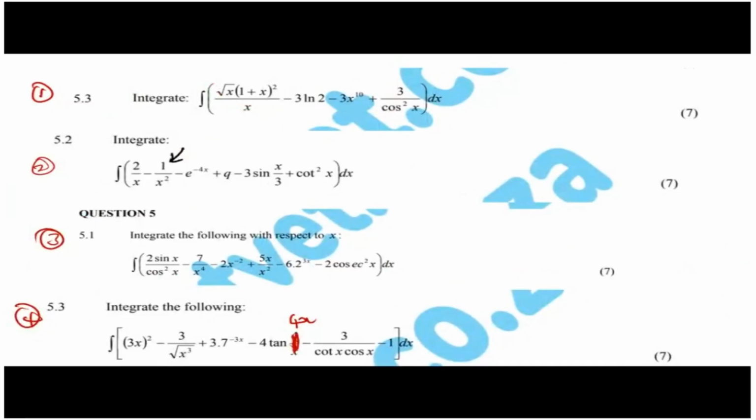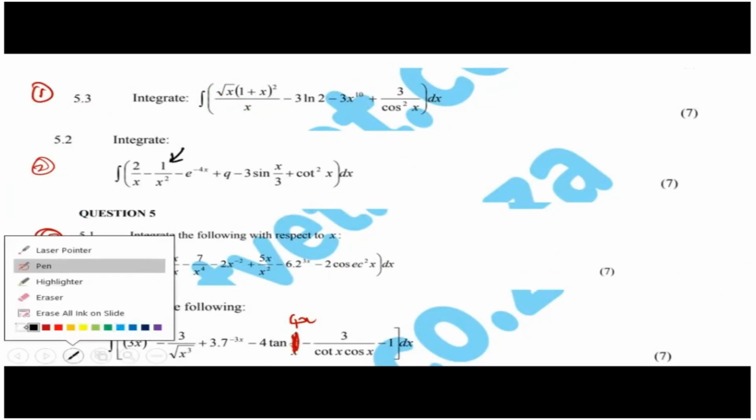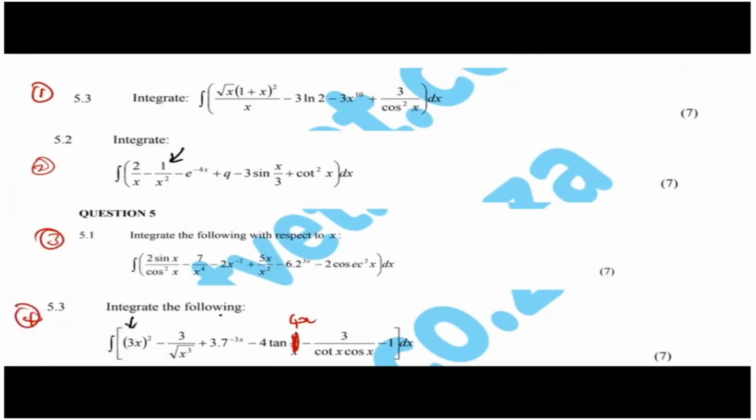You see with this one, there are a few things we have to simplify. We first have to simplify this. We have to simplify this. This one is fine. Remember I said this is 4x. We have to simplify this one as well. Then we integrate. That's fine.